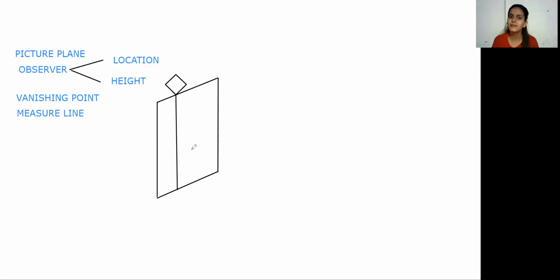It's a vertical line drawn from the point where our object is going to touch the picture plane. That is known as the measure line, and we can show the actual dimensions on the measure line.